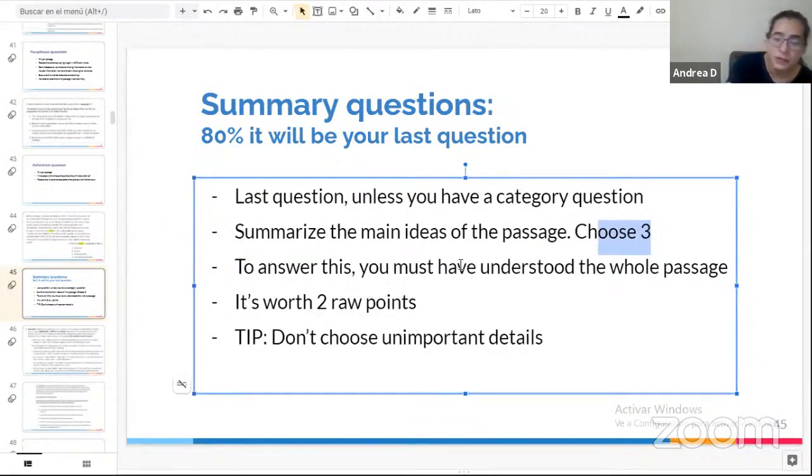Now, it is important that you get the main idea of the reading, at least what it's about in broad general terms. You don't have to know every single detail, but a general idea of what this is about. It's worth more than the other questions, so that's why it's important. And I'll give you the tip as we go.